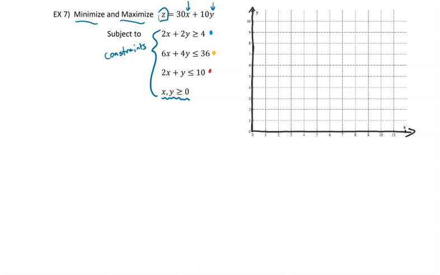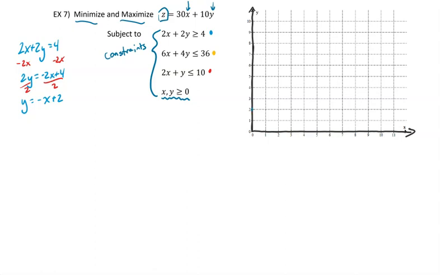So first off, 2x plus 2y equals 4. So we can subtract 2x from both sides. We have 2y equals negative 2x plus 4. And then we can divide both sides by 2. Get y equals negative x plus 2.